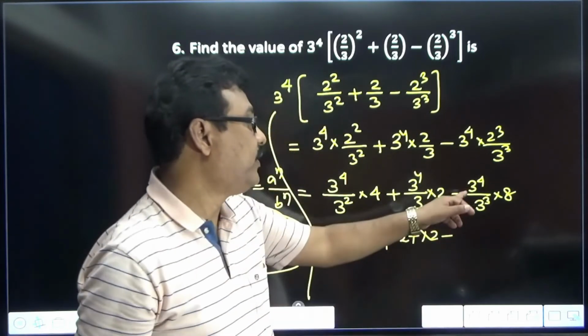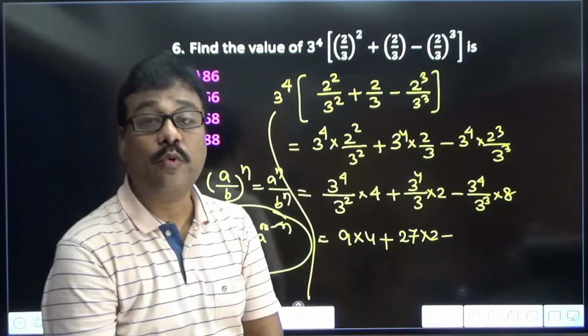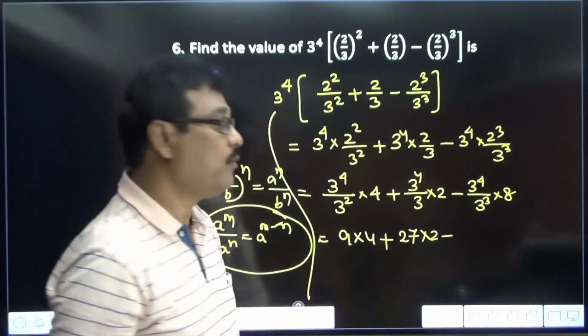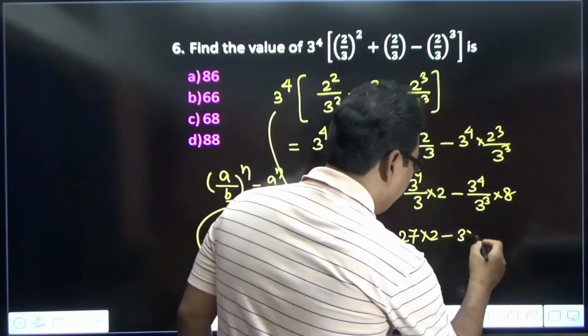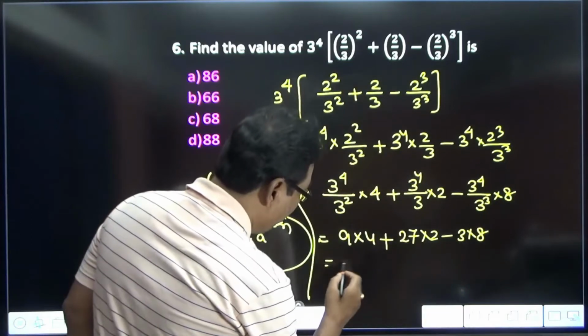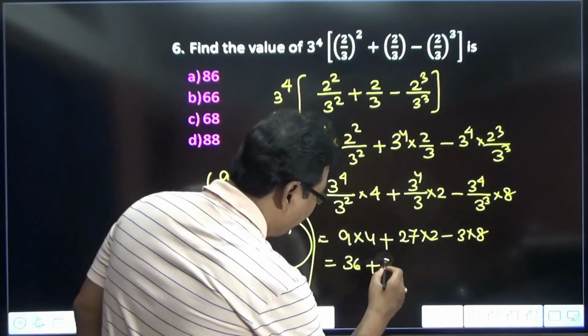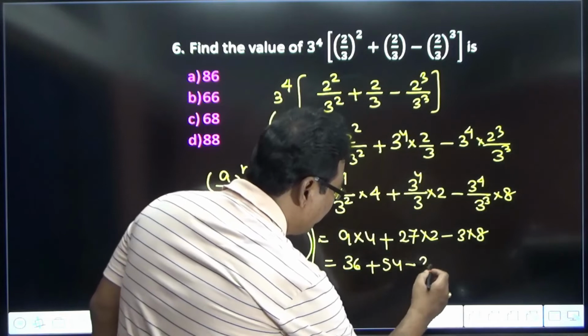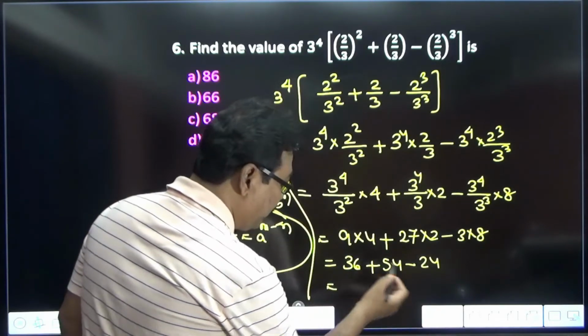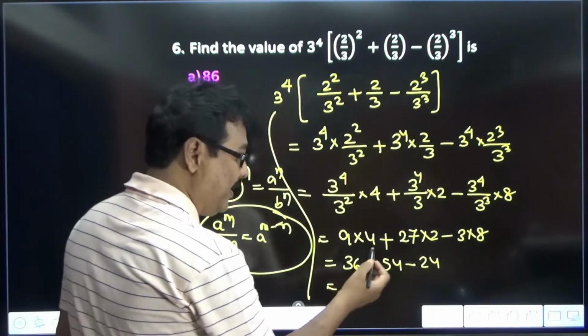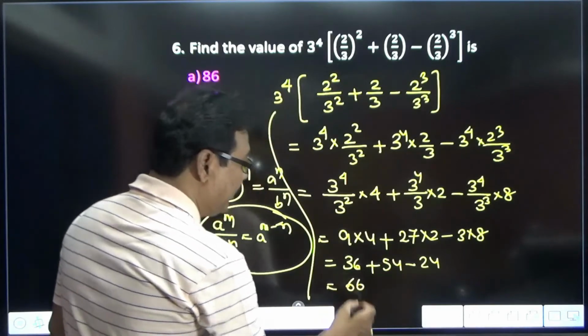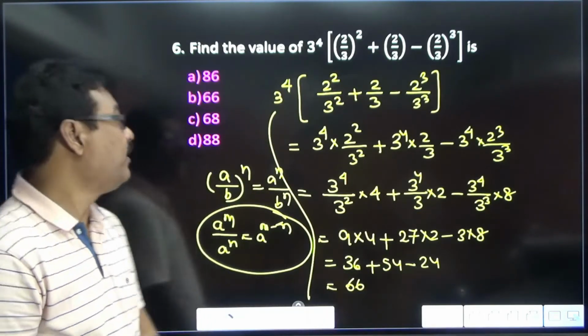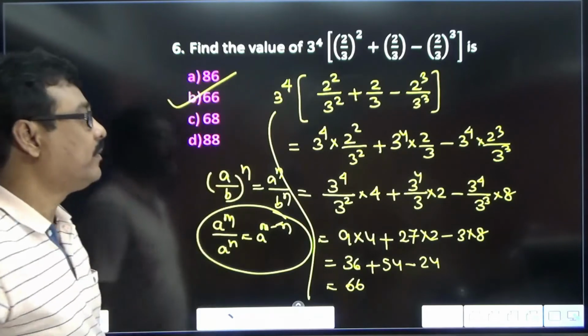Minus, this is 3 to the power 4 minus 3. 4 minus 3 is 1 and 3 to the power 1 is 3, into 8. So what are we getting now? 36 plus 54 minus 24. 36 plus 54 is 90. 90 minus 24, I think we are getting 66 here. So the answer to this question is 66.